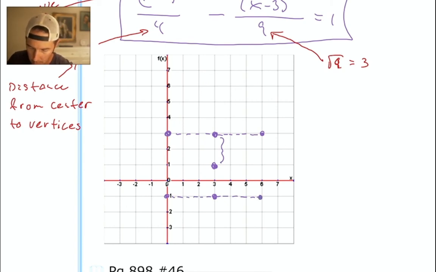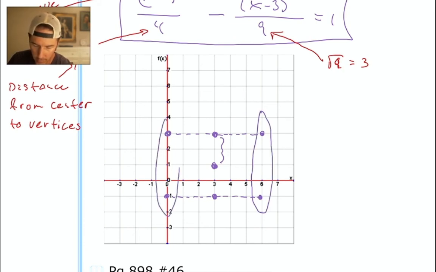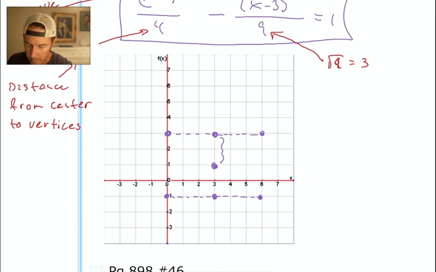And then if you want to close the box, you can. You could put a vertical dashed line here and a vertical dashed line here. It's probably a good idea. Label this with a 2 and this with a 3.